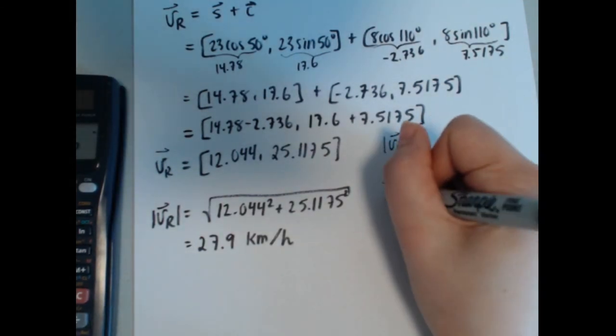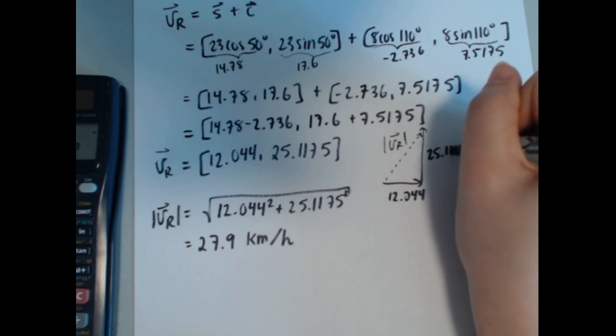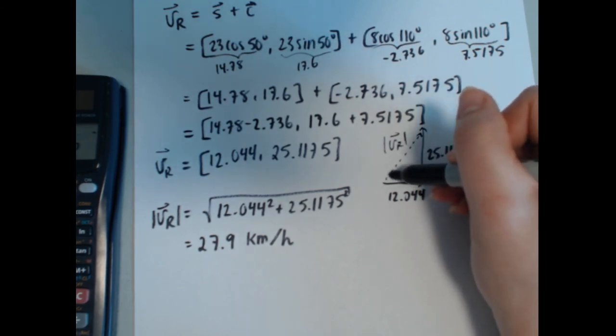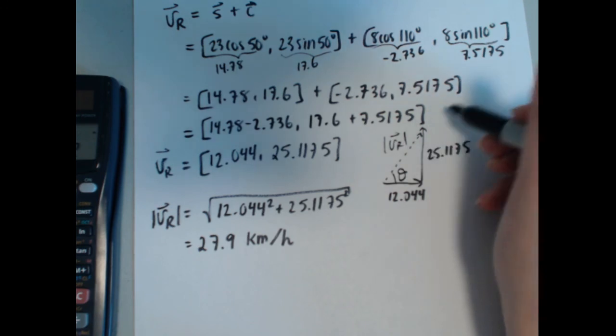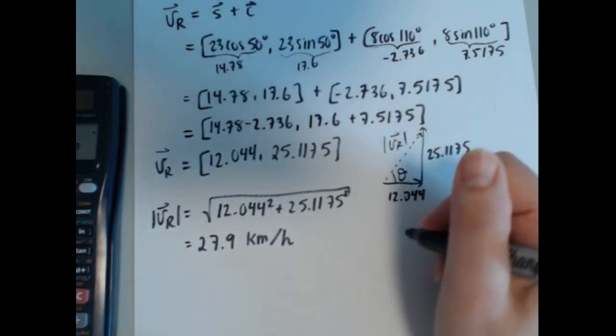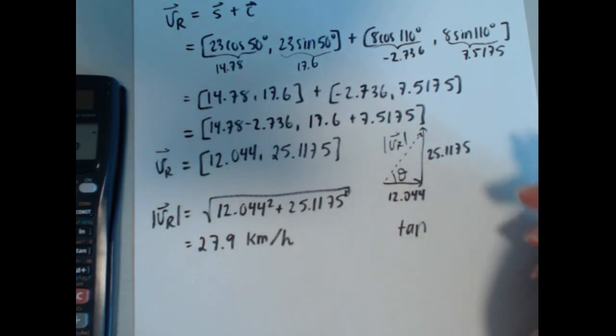Now for the direction. Okay, so if I have 12.044 in the x and I have 25.1175 in the y, we always state the direction of the resultant relative to the initial vector. So it's always the angle between the first and the resultant. So what you're going to notice is you're always going to use tangent of theta to avoid using the new calculated value.